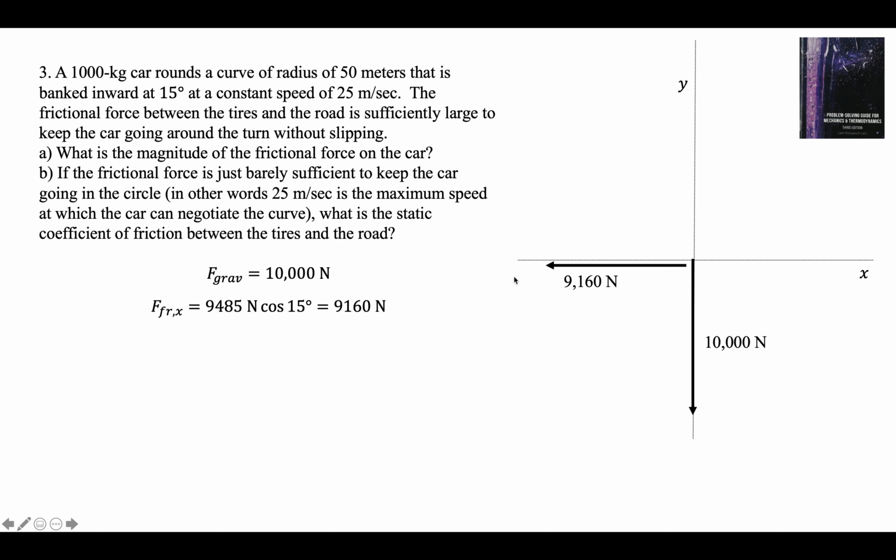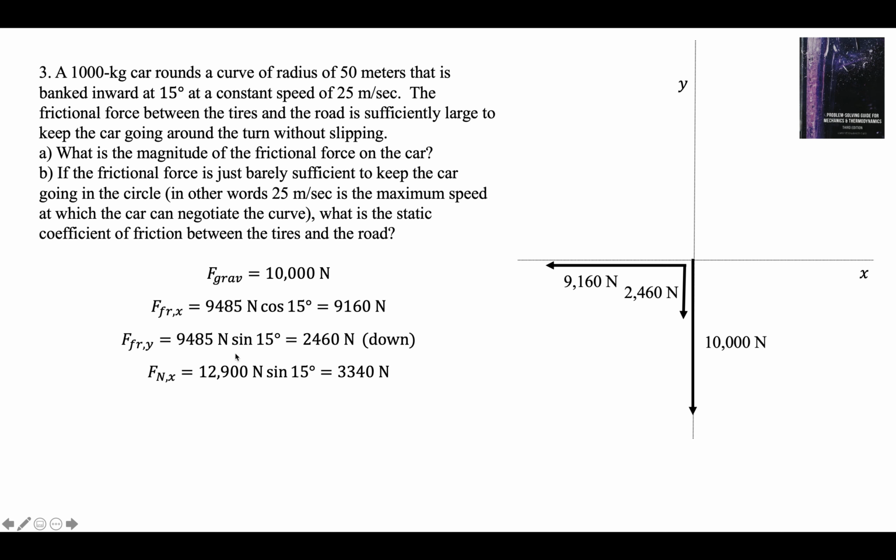Then 2460 in the y direction, down, so multiply by sine 15. There's that force. Now we can look at the normal force. The normal force was 12,900 newtons. Sine 15 will give us the inward component, or cosine 75, either one. The upward component is 12,460, and there it is.